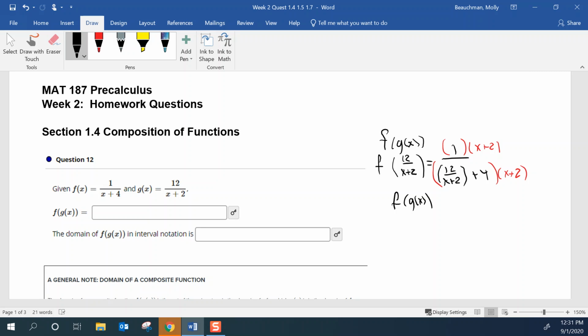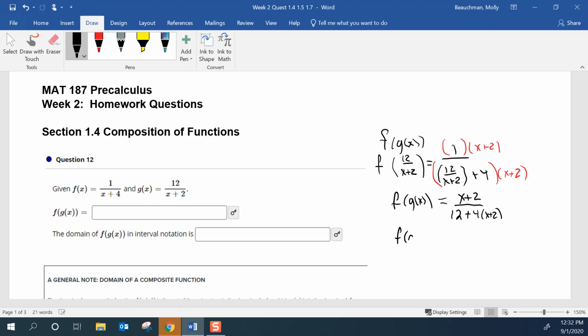So in the numerator, 1 times x plus 2 is x plus 2. In the denominator, 12 over x plus 2 times x plus 2. The x plus 2's cancel, and I'm left with 12. So we're multiplying x plus 2 times each term in here. Now we have x plus 2 times 4 is 4 times x plus 2.